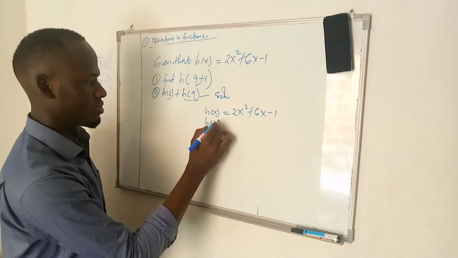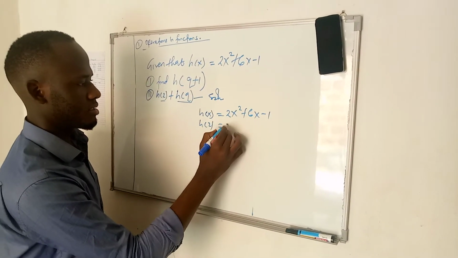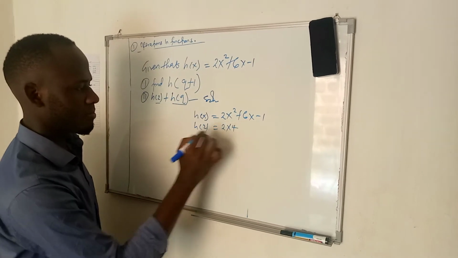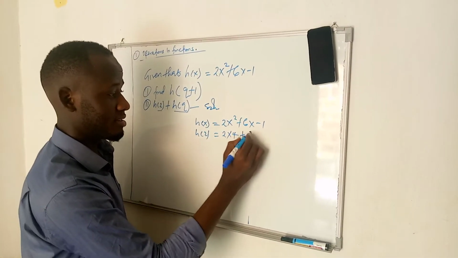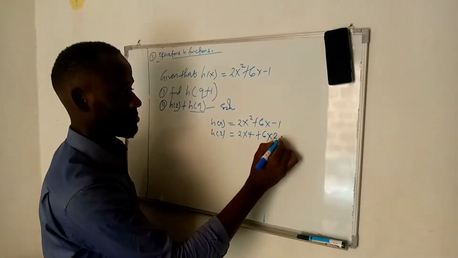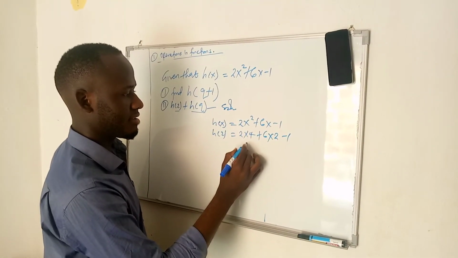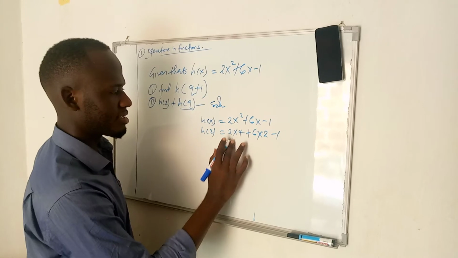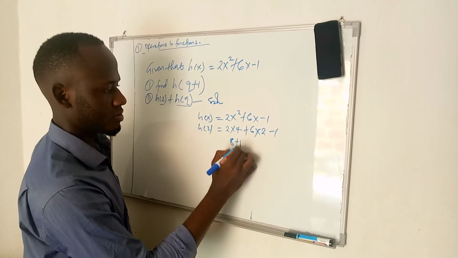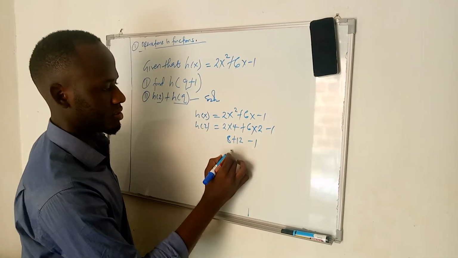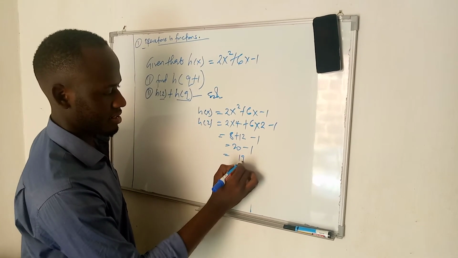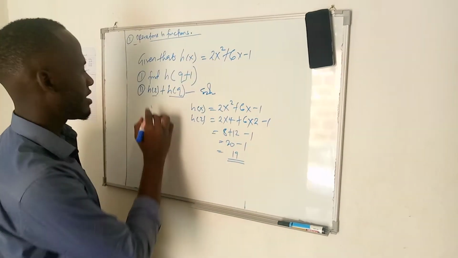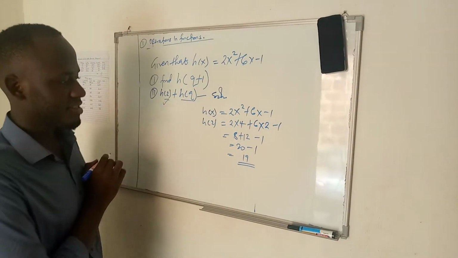Then what of h of 2? This gives 2 times 4, because when you put 2 here and you square it, it gives you 4. So we shall say plus 6 times 2 minus 1. This gives you 8 plus 12 minus 1. This is 20 minus 1, which gives you 19. We have solved the first variable.